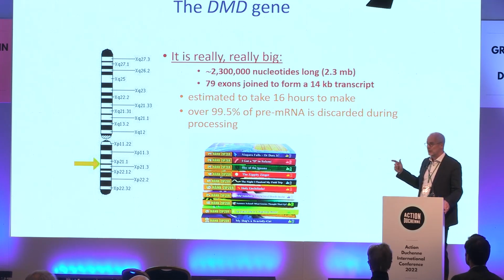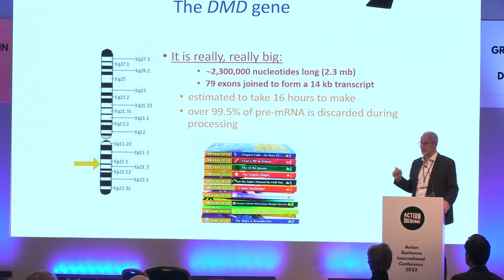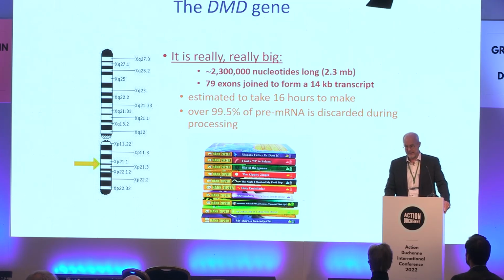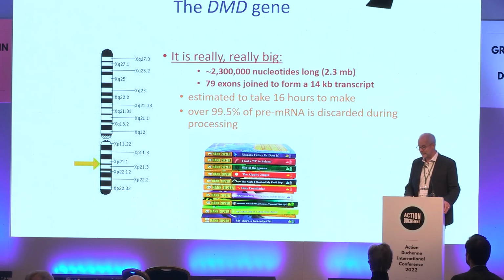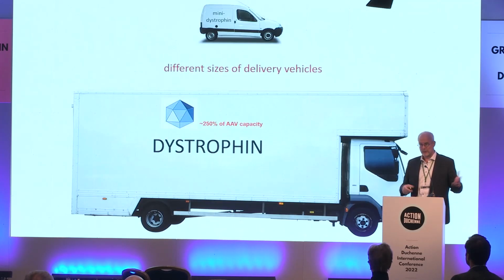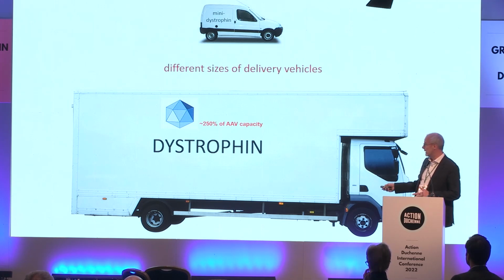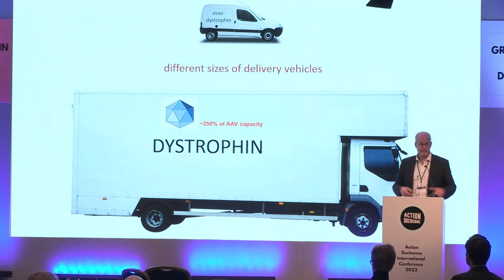To understand how big the DMD gene is, it is about 10 books in terms of the number of letters. So it's massive. And so we have already heard, this is why in terms of AAV, you can't put it into your normal big removal van or transporter.